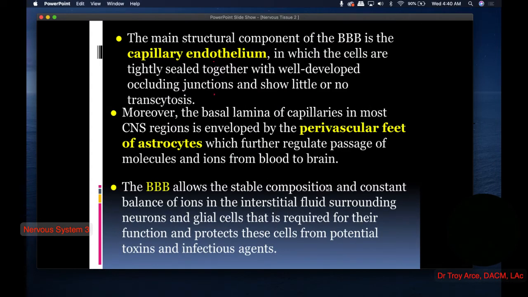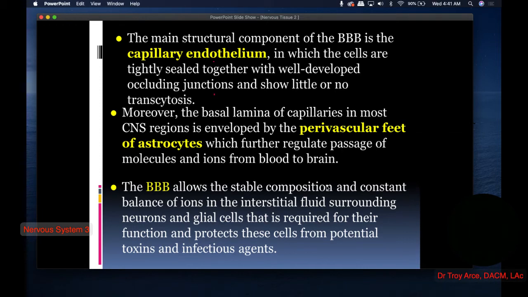So the main structural component of the blood-brain barrier is the capillary endothelium, in which the cells are tightly sealed, right, with well-developed occluding junctions, showing little or no communication between them, to just disallow things from entering. That's why they call it a barrier.